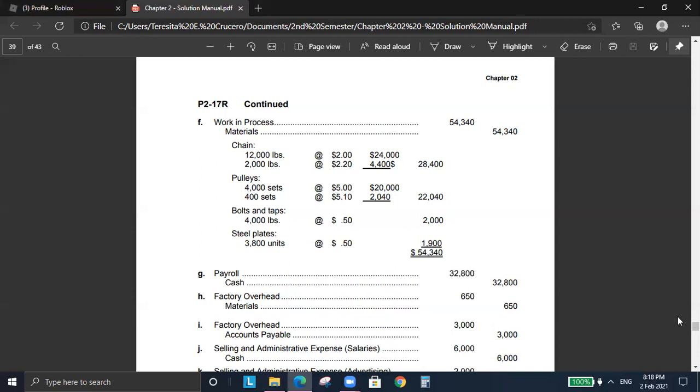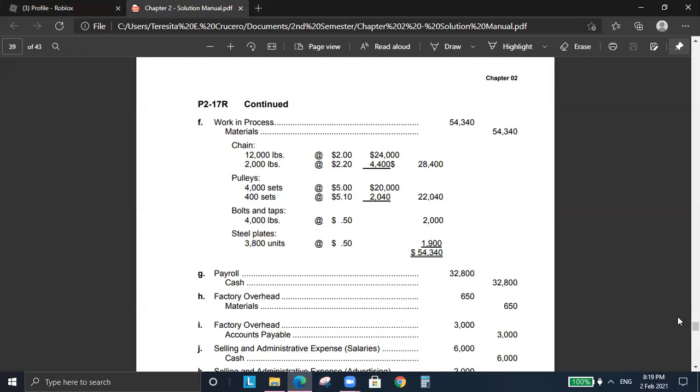So used during the month of October as part of materials used is 3,800 units of steel plates at a unit cost of 50 cents. So no deduction from the steel plates purchased during the month since the company used the FIFO method. So in letter F, the total cost of materials used is 54,340.